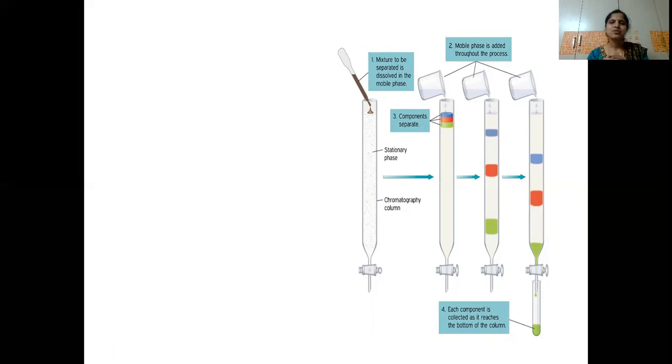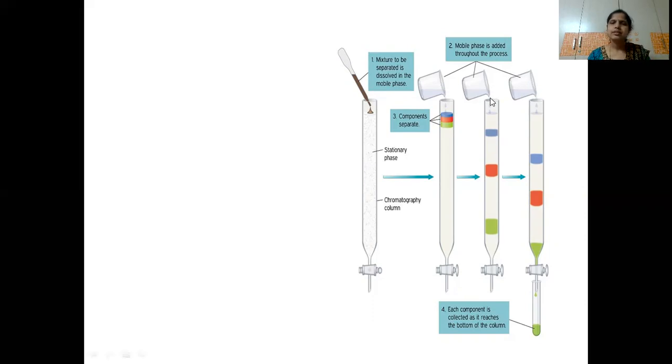When it is strongly bound, it doesn't move to a larger extent when the mobile phase is run down, because the mobile phase cannot desorb it easily. The mobile phase has to desorb the components based on their solubility.